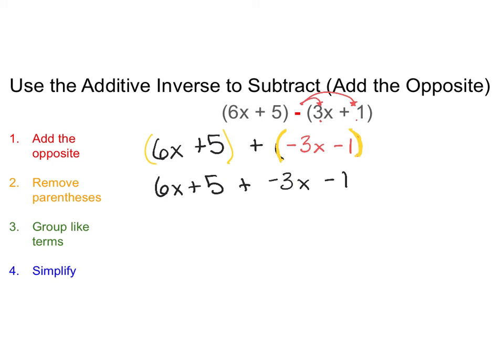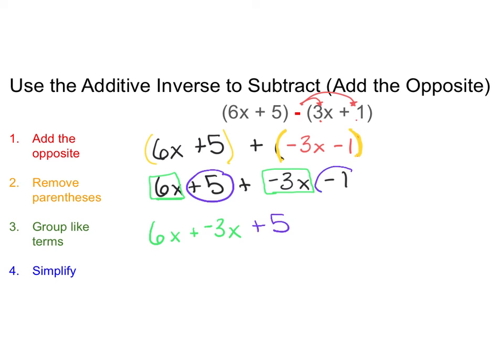Now the next step is to group like terms. So I'm going to find my like terms. So I have a 6x and a negative 3x. So I'm going to write them together. So I have 6x plus a negative 3x. And then I have, we'll do purple, plus 5.